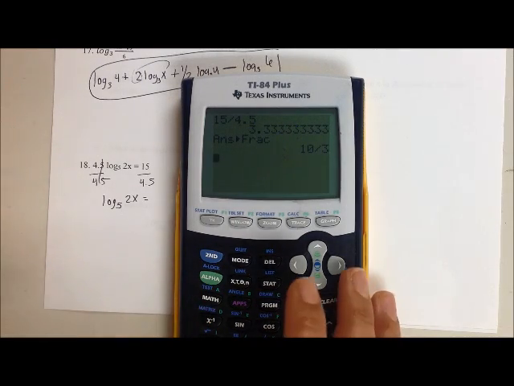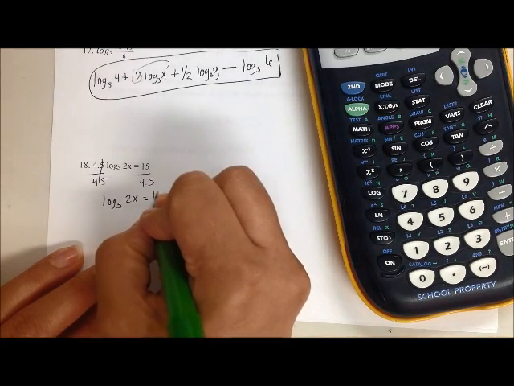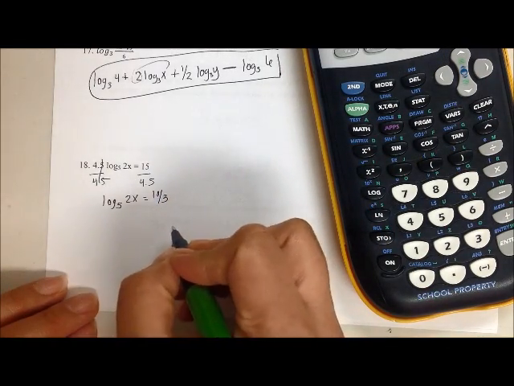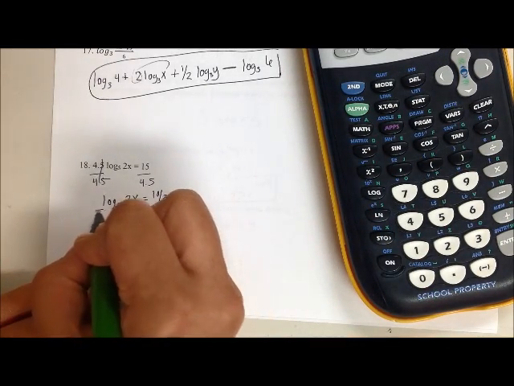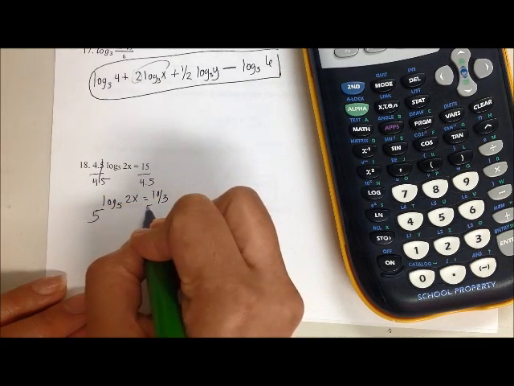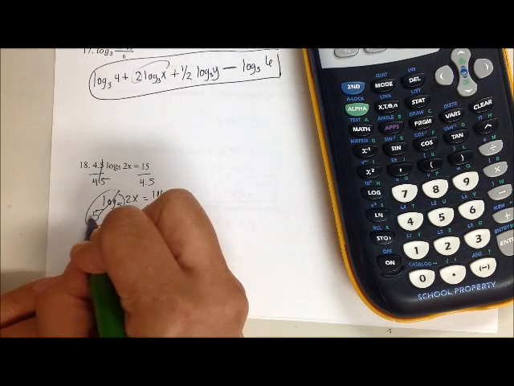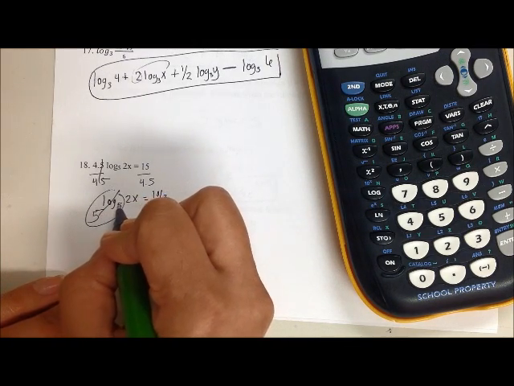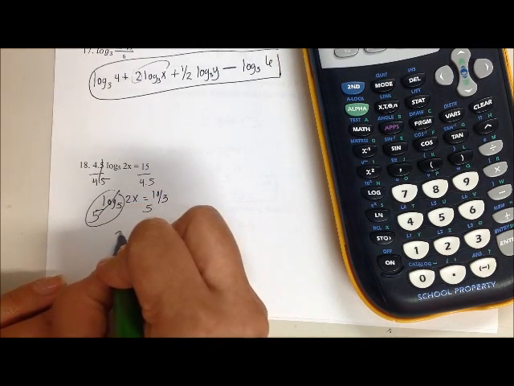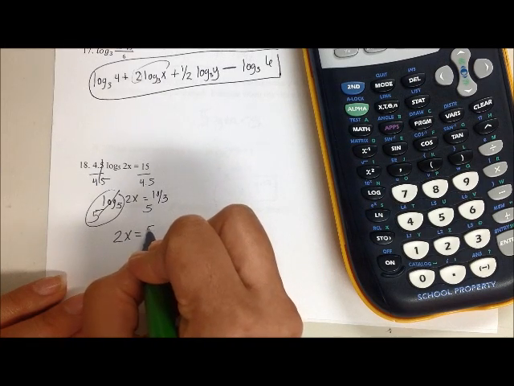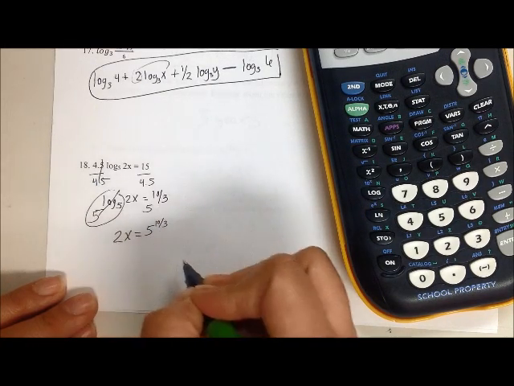Changing it to a fraction, something that's going to be easy. 10 over 3. Because I have a log of 5, I would have to put 5 raised to that power, 5 raised to that power. These guys cancel. If it would have been a 6, then you would put a 6 and a 6. If it would have been a 20, 20 and 20. You only have 2x equals 5 to the power of 10/3.